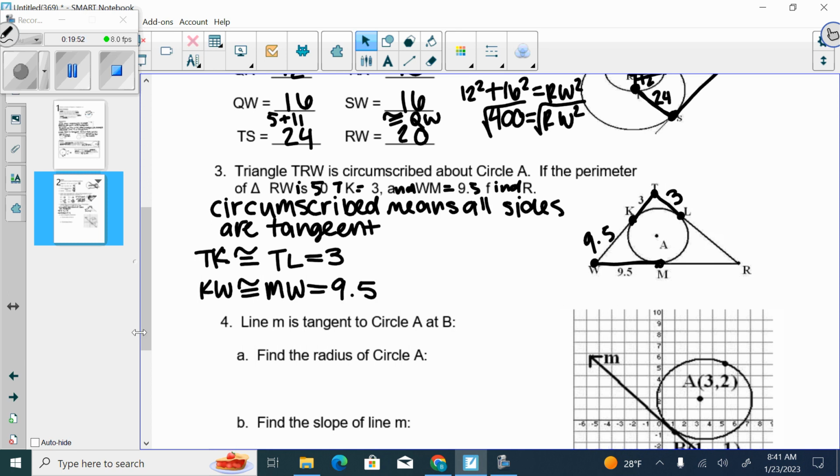And if I'm finding the perimeter of this triangle, that means the only pieces I don't know are these two pieces here, right? They told us the perimeter of this thing was 50. If I know everything but these two pieces, what could we do to solve for those missing pieces?